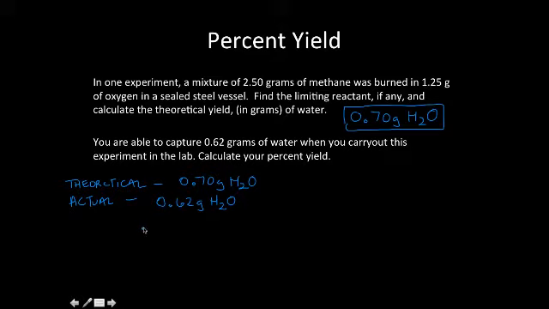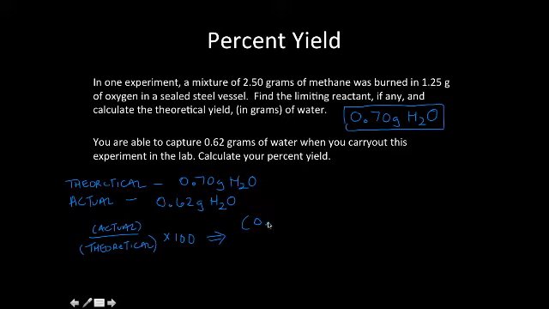So if you recall, the equation for calculating percent yield was the actual divided by the theoretical, and we take that and we multiply it by 100. Now this is going to look like this when we put it all together.